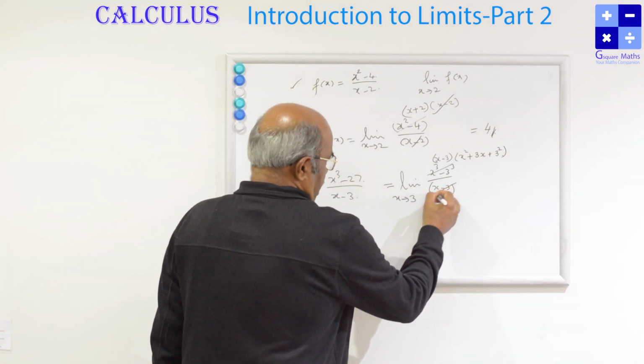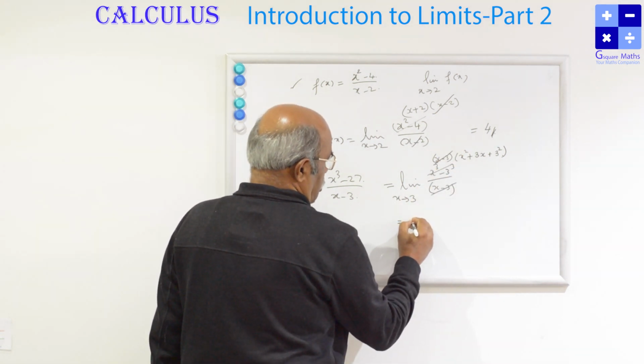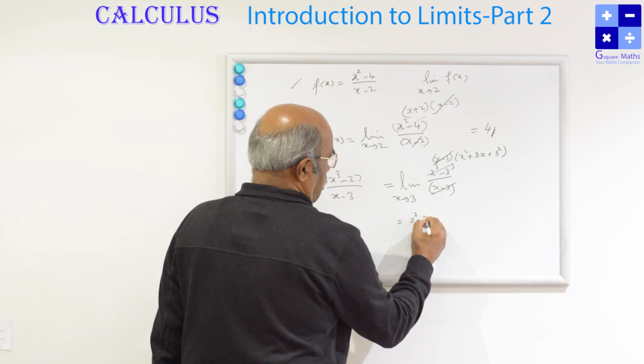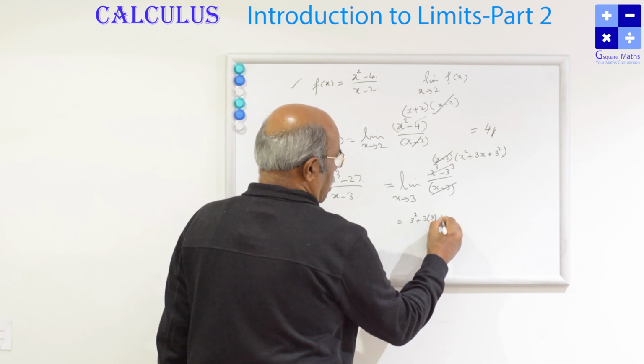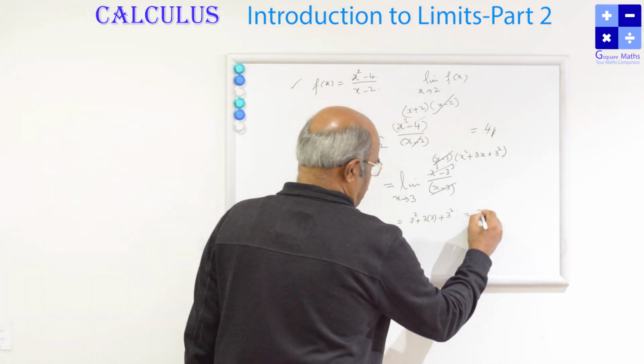So here the common factor can be cancelled, and that is equal to 3 square plus 3 into 3 plus 3 square. That is 9, 9, 9, 27.